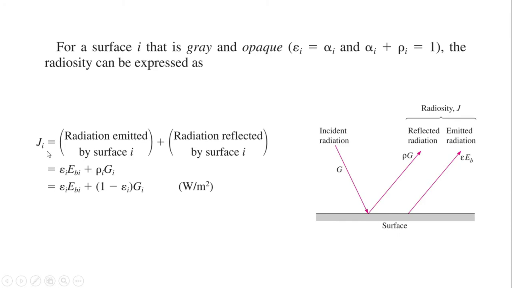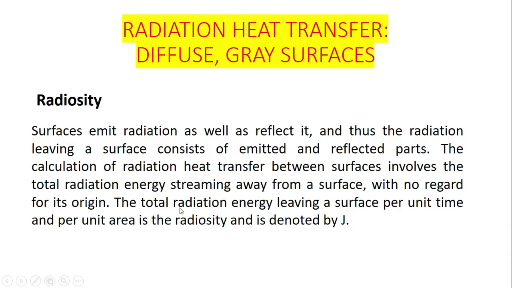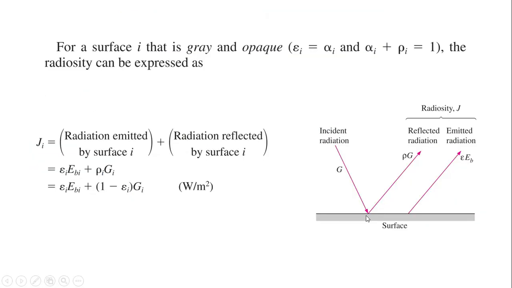As I said earlier, the radiosity is the total energy leaving a surface per unit time per unit area. This is the incident radiation G which is coming onto this surface. For the determination of the radiosity, we have to take into account the total energy leaving a surface per unit time per unit area.